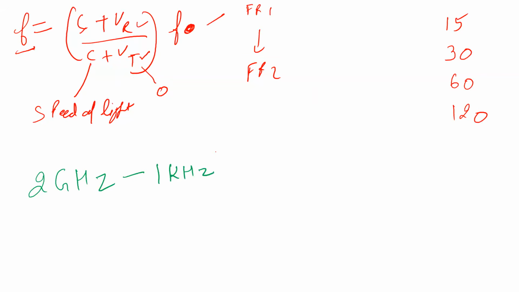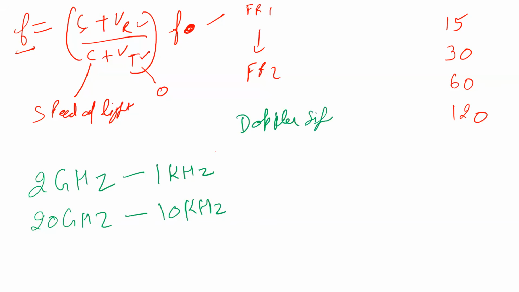At 20 gigahertz, my Doppler shift is 10 kilohertz, right? And if you remember, we want that Doppler shift divided by subcarrier spacing should be very, very less than 1.